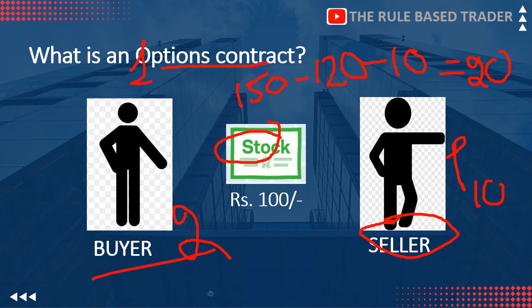In this case, the seller gets to keep all the 10 rupees premium that he received from the buyer, which is a profit for him. This is it in very simple terms.